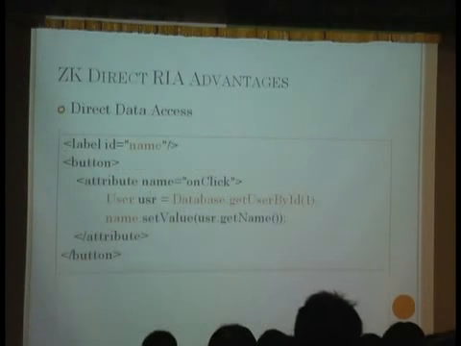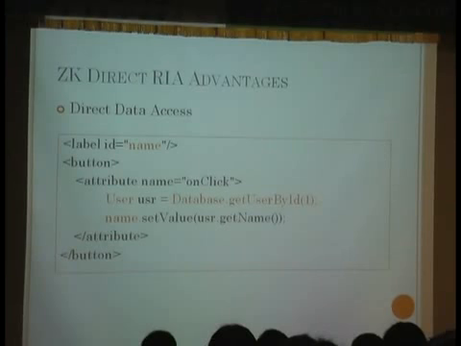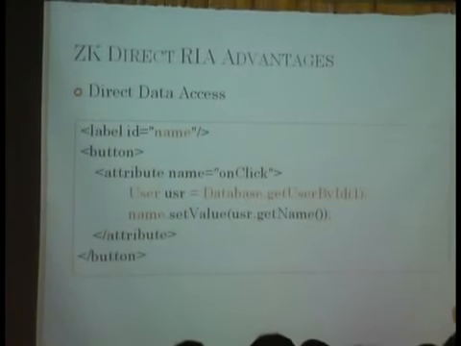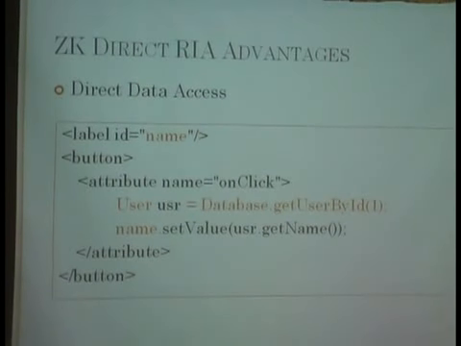So let's take a look at direct data access. We provide direct data access because you're programming on a server. So obviously if you're programming on the server, you don't have to communicate to the server, and then the server doesn't have to read the database. This is all done for you. So you access your database, you pull out your user, and then you set your username.